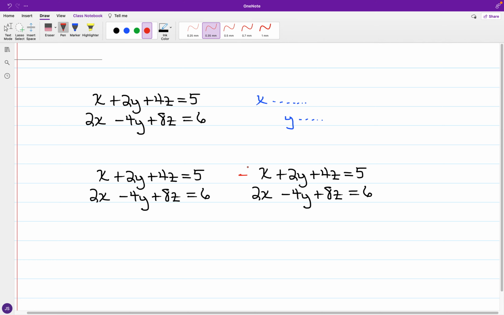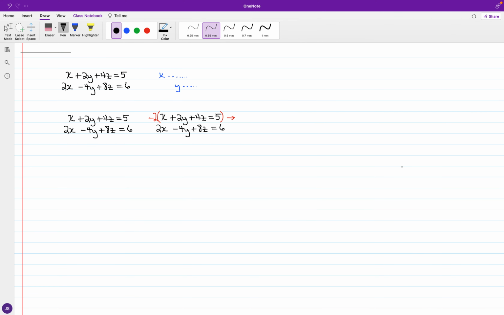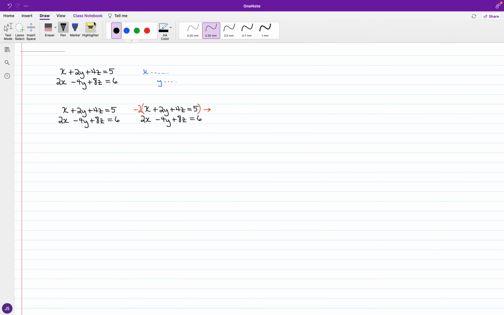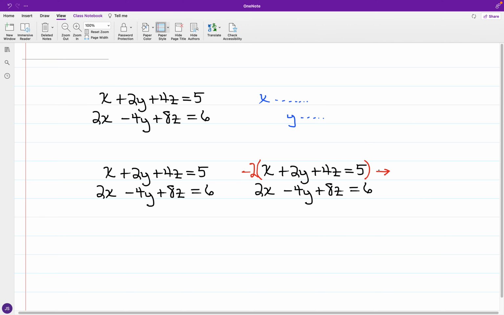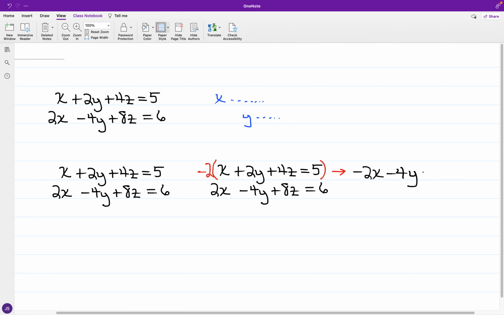So if I multiply the first equation by negative 2, in the rewrite we're going to have negative 2x, minus 4y, minus 8z is equal to negative 10.